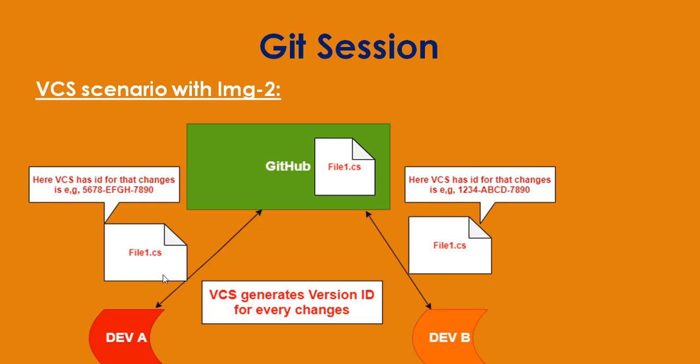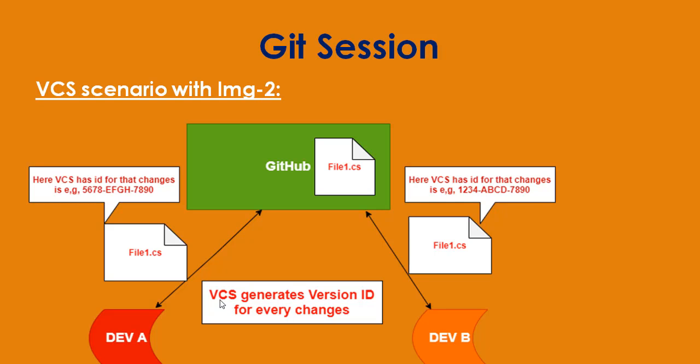That means whatever modification dev A and dev B do on the particular file, file1.cs, one specific unique ID will be generated. That's why every change will be tracked by VCS.